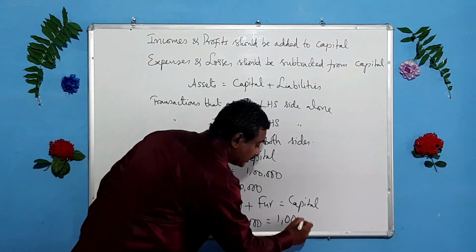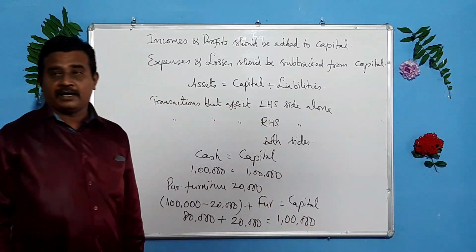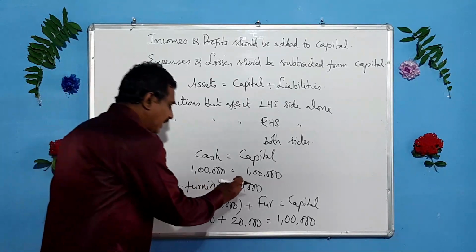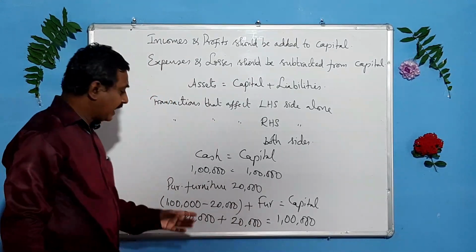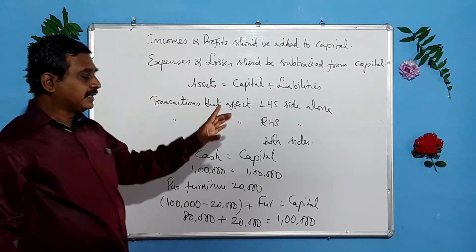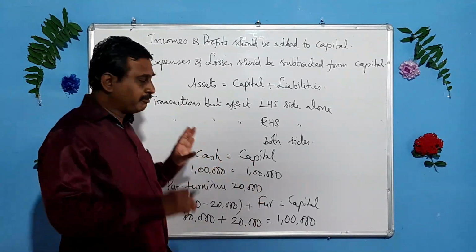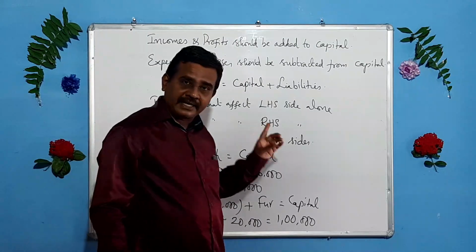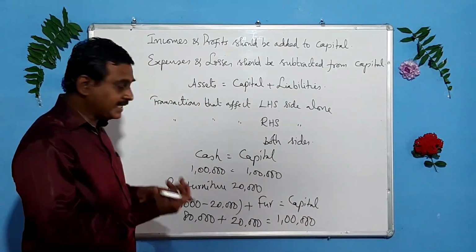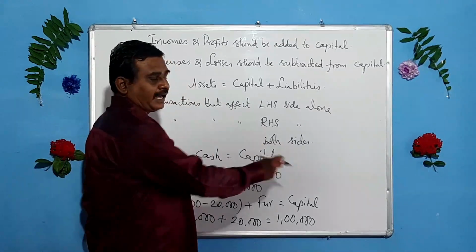That remains constant, that is 1 lakh rupees. This is the transaction that affects the left hand side alone. There are some transactions that make changes in the right hand side alone. And there are some transactions that will make changes in both the left hand side and the right hand side.